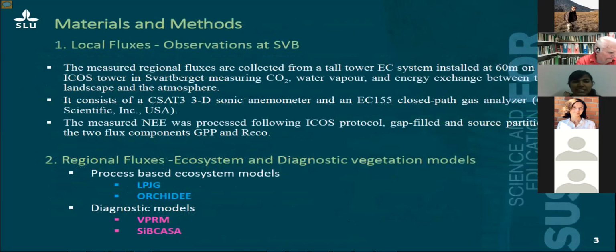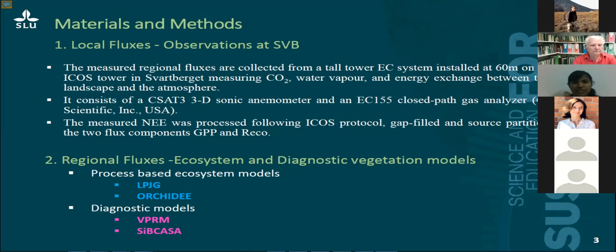Then coming to the materials and methods. We have fluxes and concentration. For fluxes, we have observed fluxes and modeled fluxes. For observed fluxes, we used the eddy covariance observations from the ICOS tower I mentioned. The eddy covariance system was initially at 60 meters, then it was raised to 70 meters.